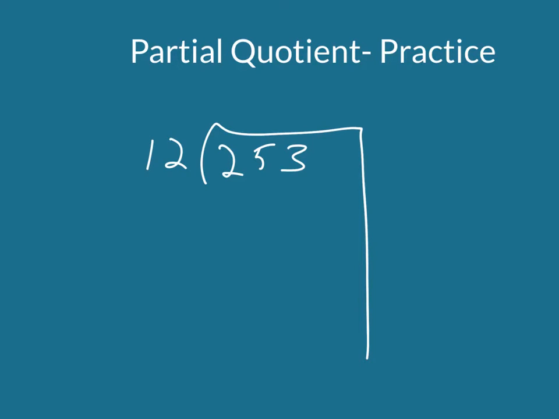It works out really well because if I don't know my 12s very well, I can just do 10s. Multiply that times 10, that'd be 120.